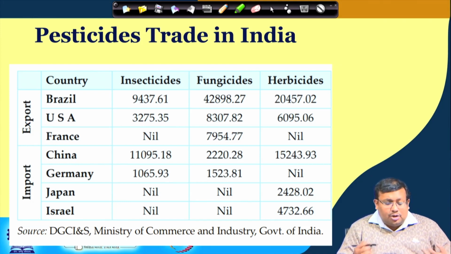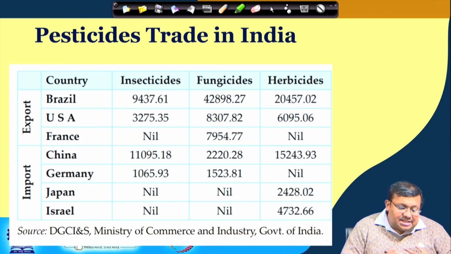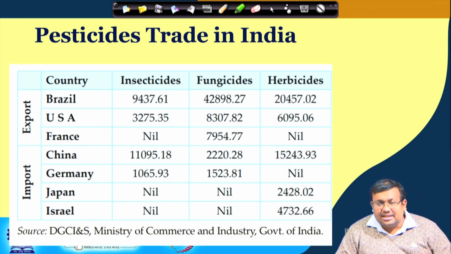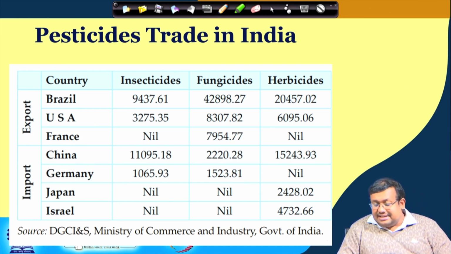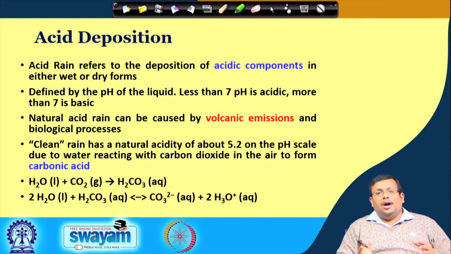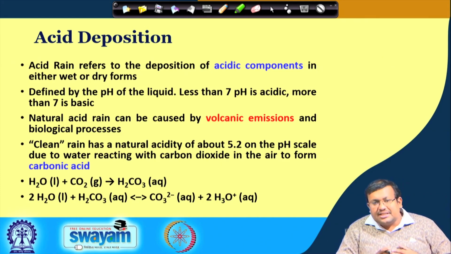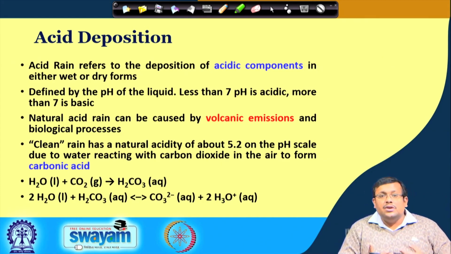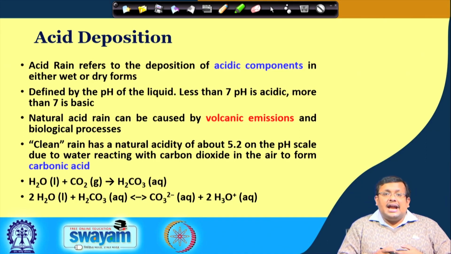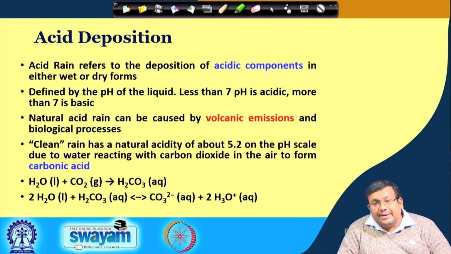So, that also shows the different types of bilateral trades as far as the different classes of pesticides are concerned from India. That gives an overview of pesticides, different classes of pesticides, and their consumption trends, both in the United States as well as in India.